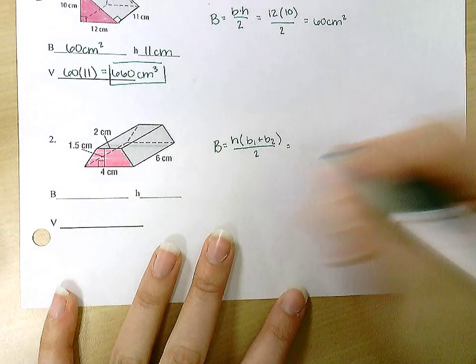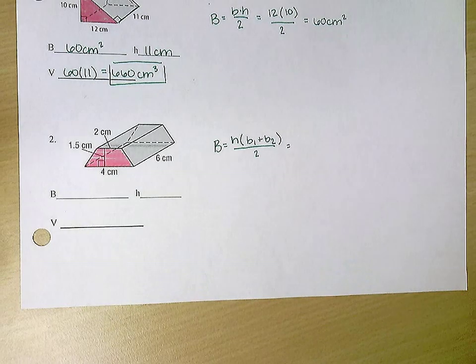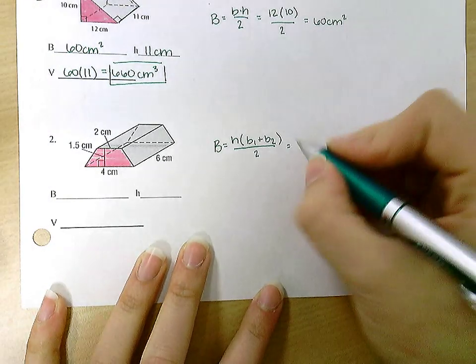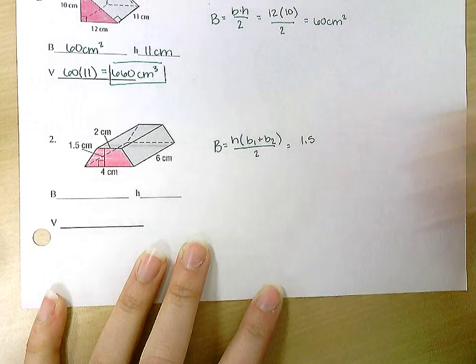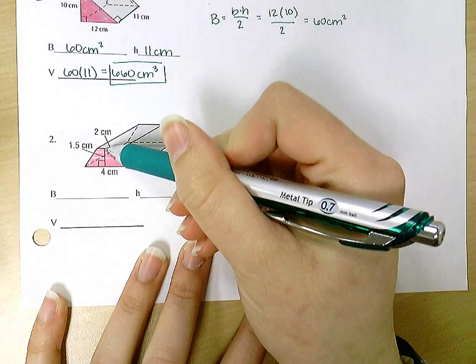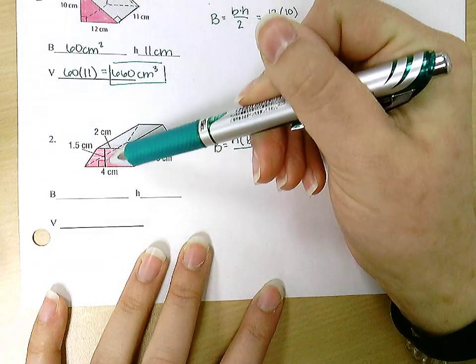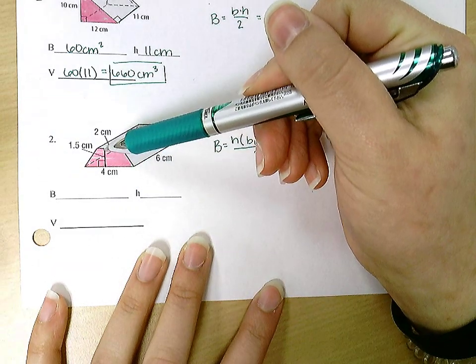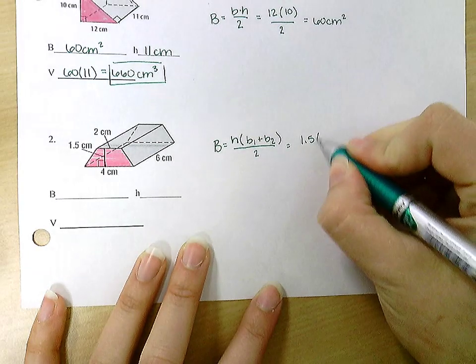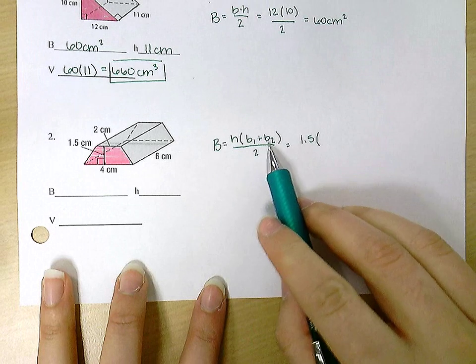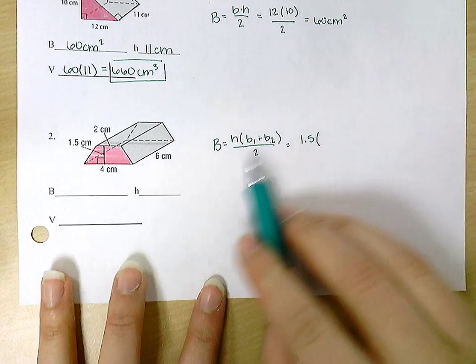So the height of this trapezoid is what? Height of the trapezoid, not the prism. The height of the trapezoid is 1.5. That's the perpendicular distance between your two bases. Now I need your two bases added together of just that trapezoid.